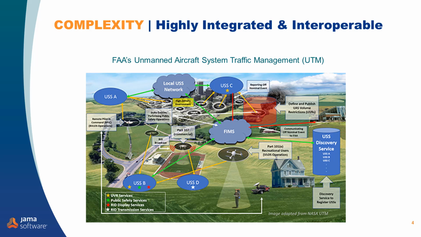The elements in blue that you see are all distinct systems of their own, and the new traffic management system needs to be able to integrate communications and data across all of those systems to provide this new capability.